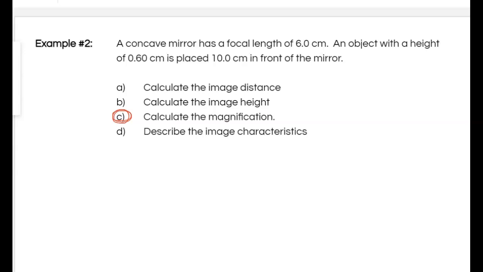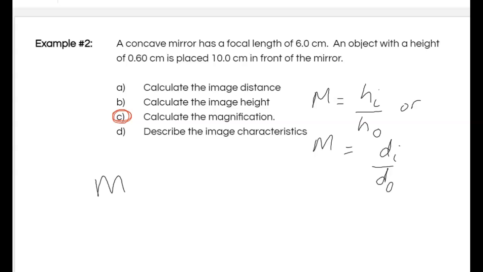We already have an equation for that. It's the ratio between the image height compared to the object height, or the ratio of your image distance as compared to your object distance. We can use either of these to get our magnification for this particular case.